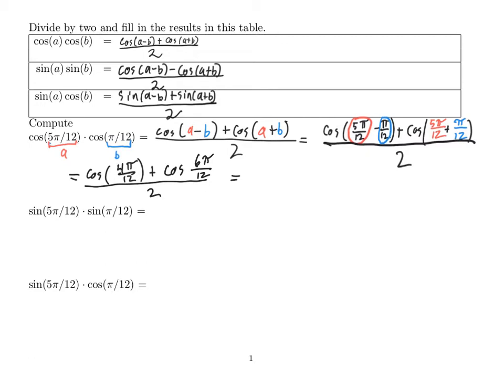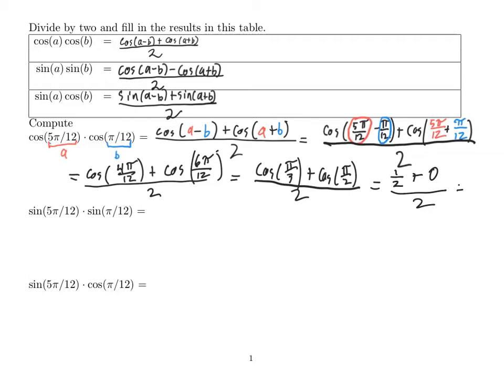And let's just keep on walking. So 4 over 12 is 1 over 3. So that's cosine of pi over 3. Hey, neat. Pi over 3 is an angle that you can see in the unit circle, so I know what cosine of pi over 3 is. Plus cosine of pi over 2. Oh, I know what that is. That's 0, all over 2. So cosine of pi over 3, you'll remember, is 1/2, plus cosine of pi over 2, you'll remember, is 0, all over 2. This is a quarter.